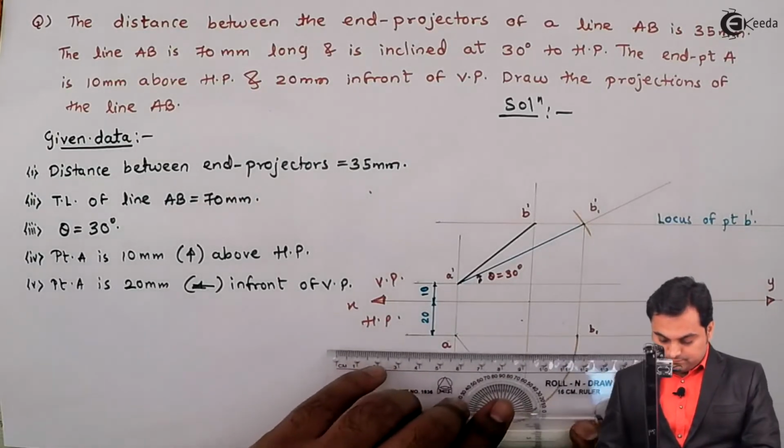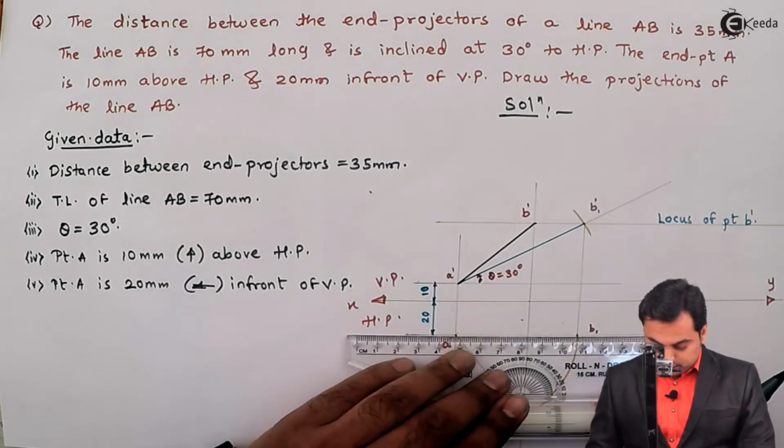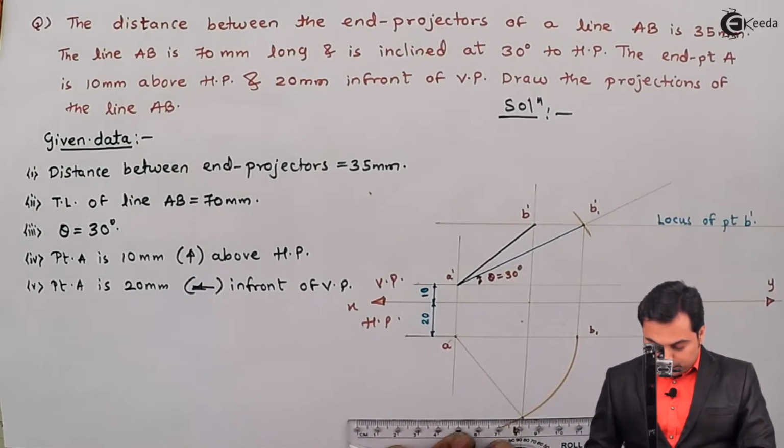Next, through point B I am drawing a light line.